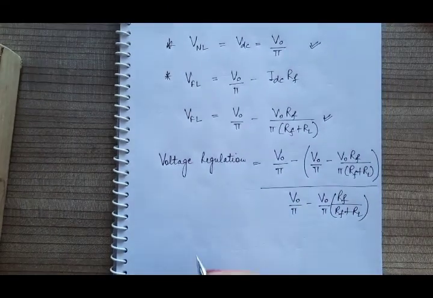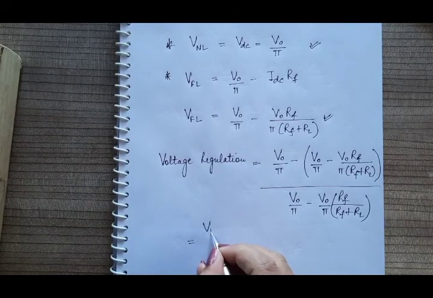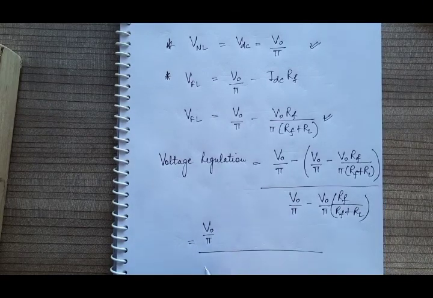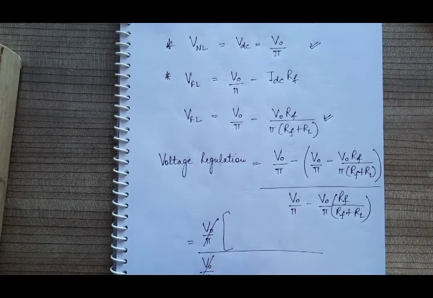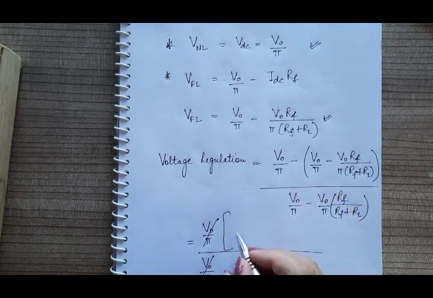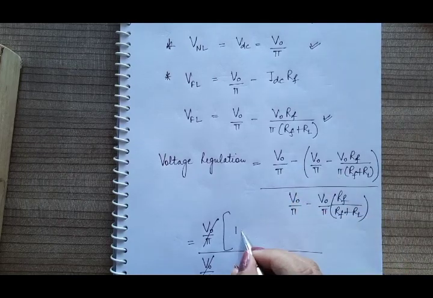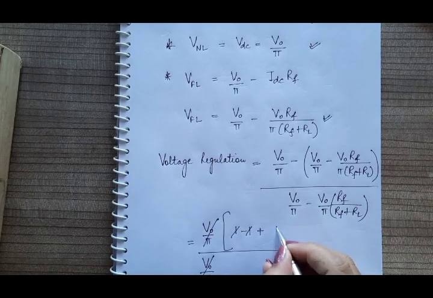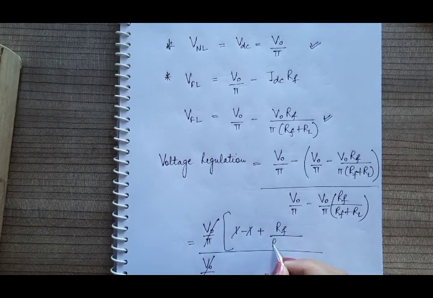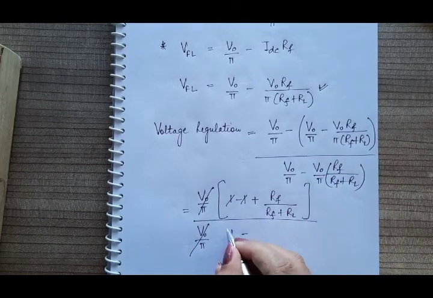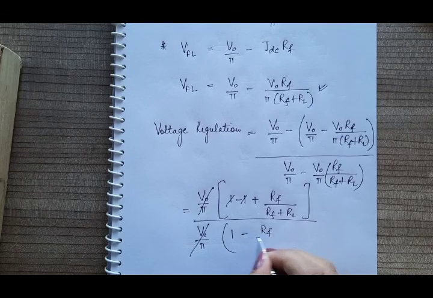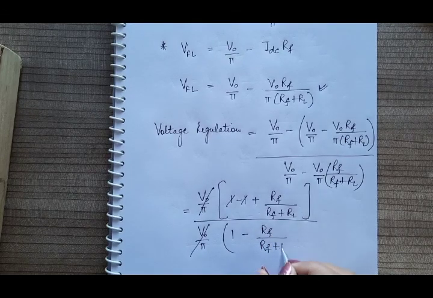So now take V0 by pi common from the numerator as well as from the denominator. It will be cancelled out, and what is left here? 1 minus into this minus 1, minus minus will be plus, and we have RF upon RF plus RL, and in the denominator we have 1 minus RF upon RF plus RL.